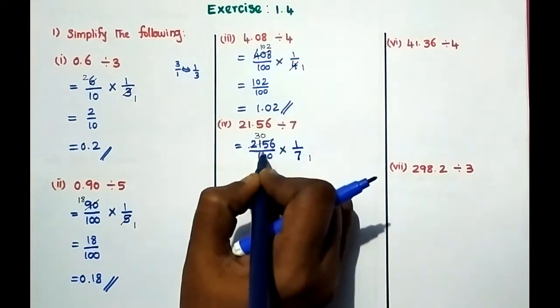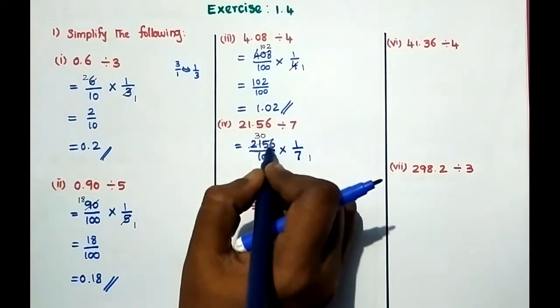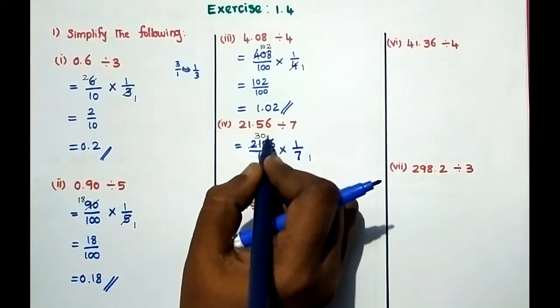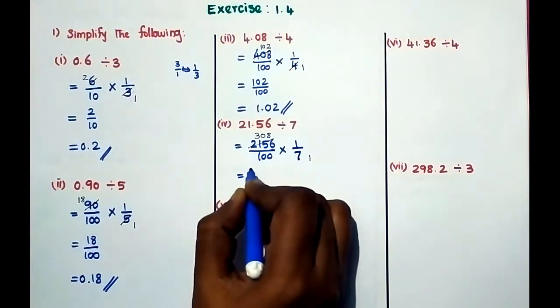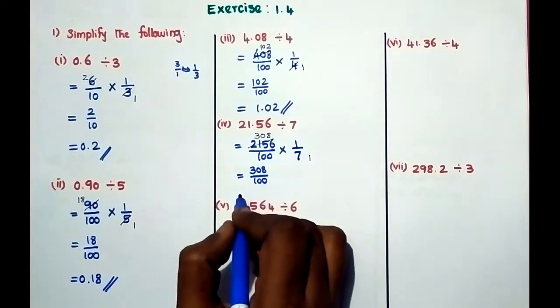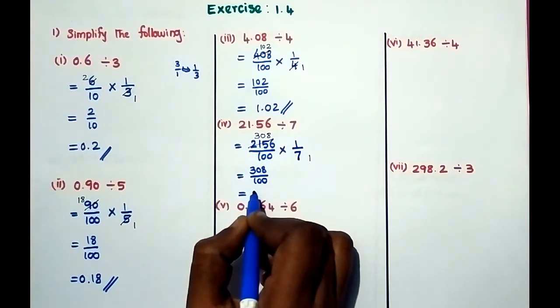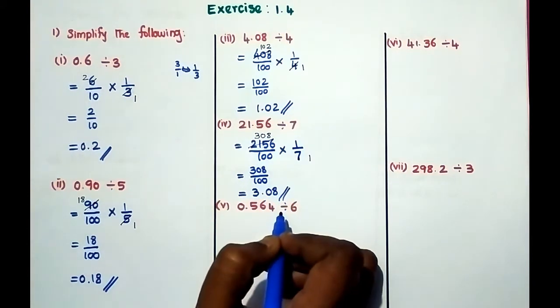Put 0 for that because 5 is not divisible by 7. And then 56, 8 times. So 308 divided by 100. So 3.08. That is the answer.